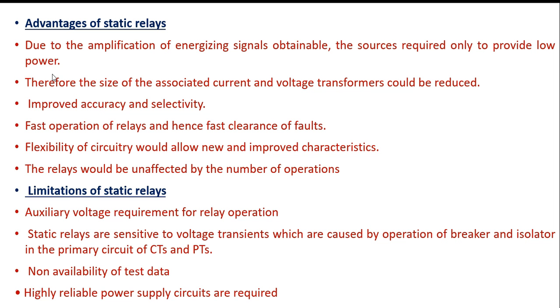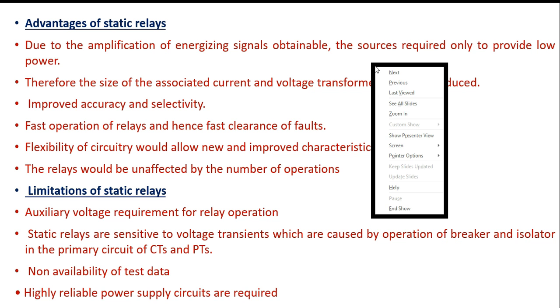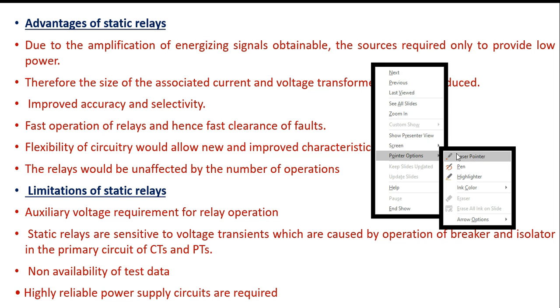It uses static components. The main advantage of static relays is that the components required are static devices like op amps. The power required for the relay is very small, as the power required for static devices is less.